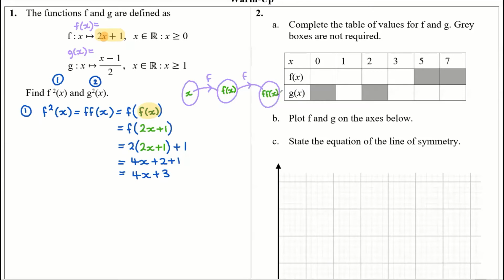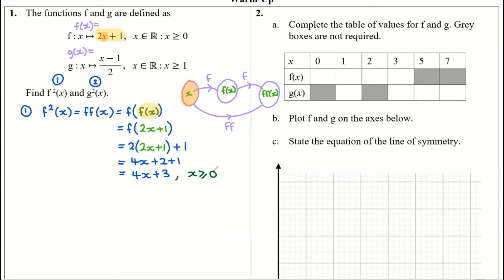But you'll notice, of course, that if I take the overall function ff, it shares the domain with the original function, doesn't it? So ff has a domain of x, this set here, which we talked about earlier, so it's the same domain for ff, so I can just write that down as well, just to be complete. So this is going to be defined for x is greater than or equal to 0 as well.